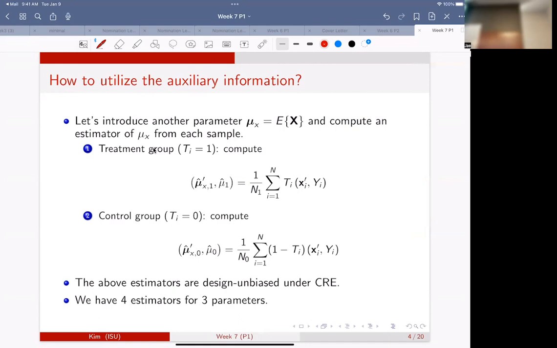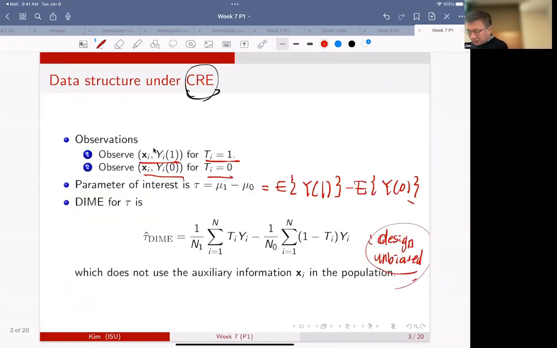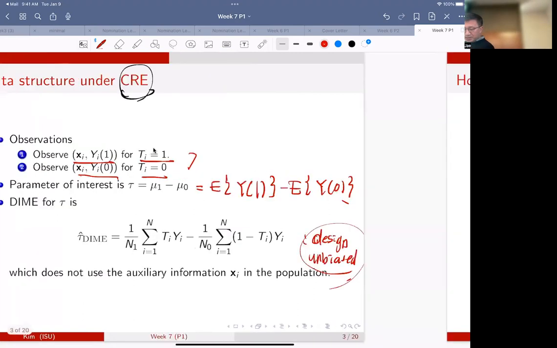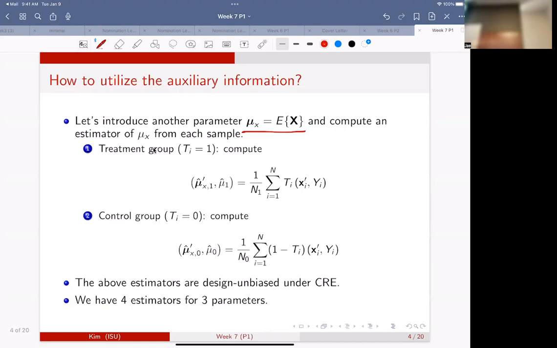Well, let's introduce another parameter, mu_x, which is the population mean of x, and compute an estimator of mu_x from each sample. Previously this was more like individual-level information, the information at the unit level, but here it is information at the set level, the sample level.